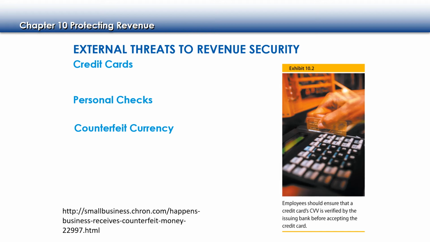Some places have pens where the ink will change to black if it's counterfeit currency. We can't go to the bank and say, I'm so sorry after the fact that I accepted this counterfeit currency. We're just out of that. So it's really important that we are training our employees to identify those particular things.